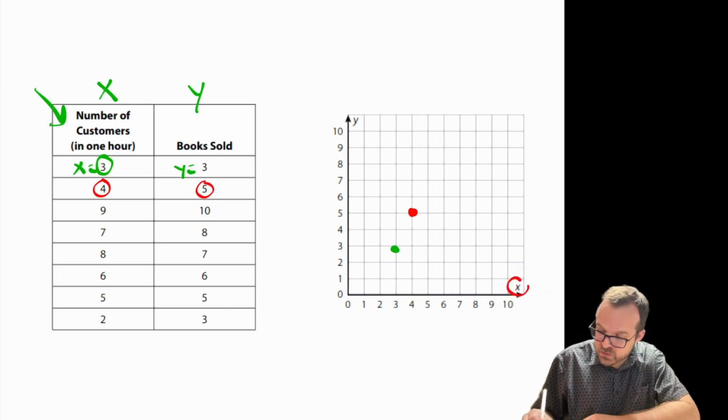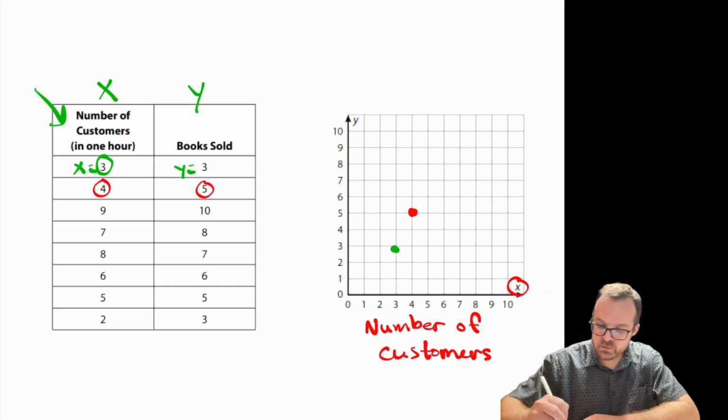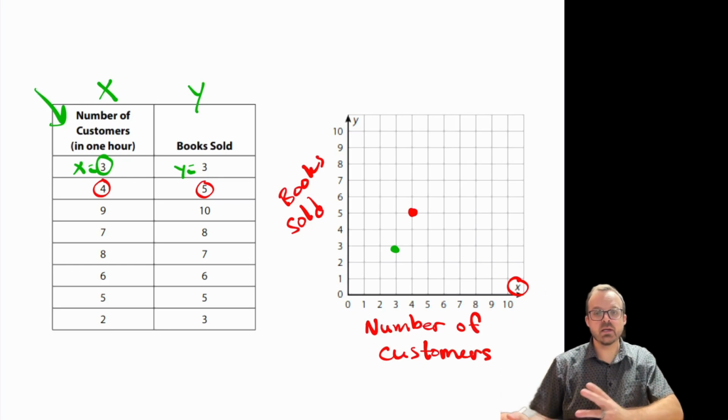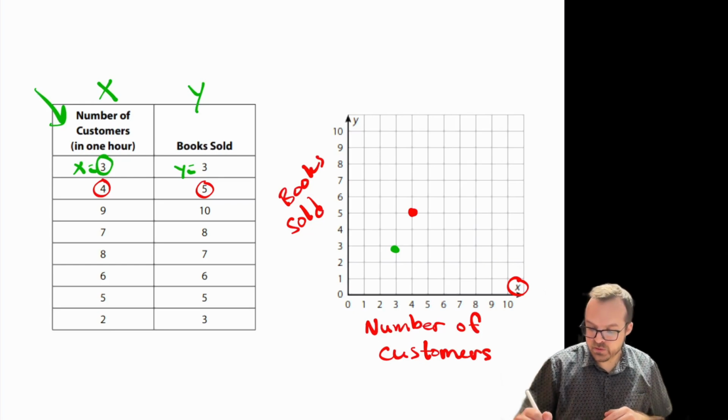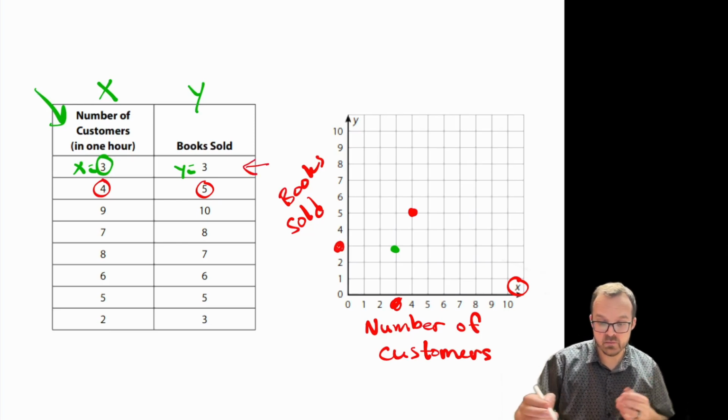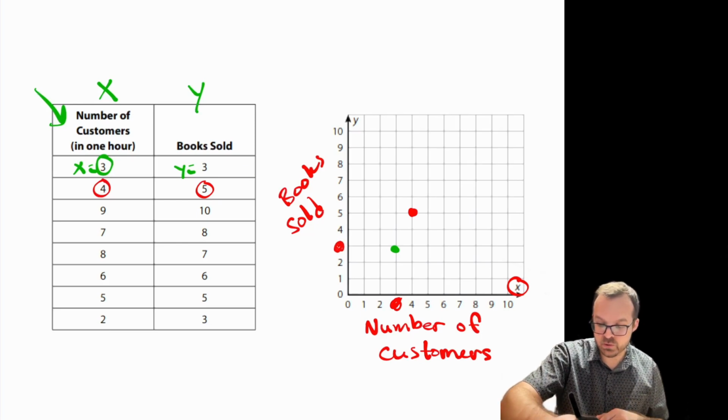Our X values over here are going to be the number of customers, and my Y value is going to be books sold. All right. So you can kind of see if we have 3 customers right here, we are selling 3 books, and that's what this first is saying here, right? A first list of information we're given. All right. So let's keep going.